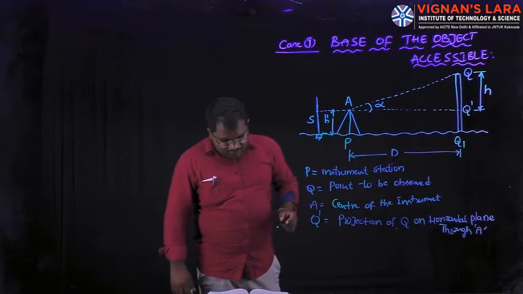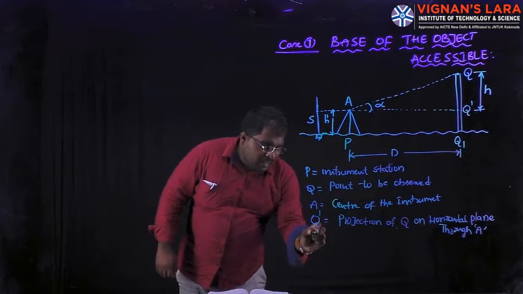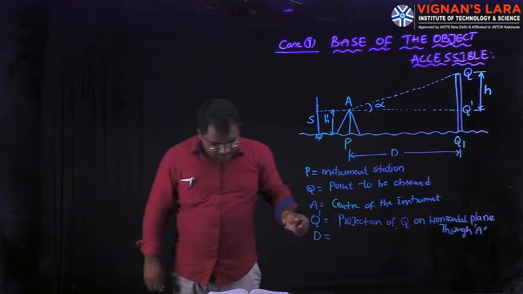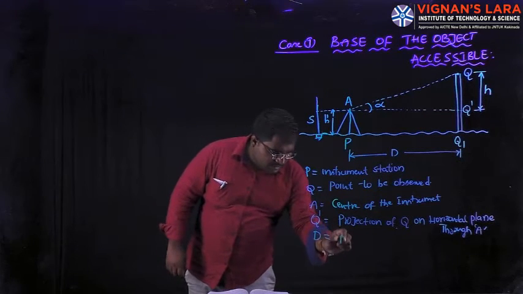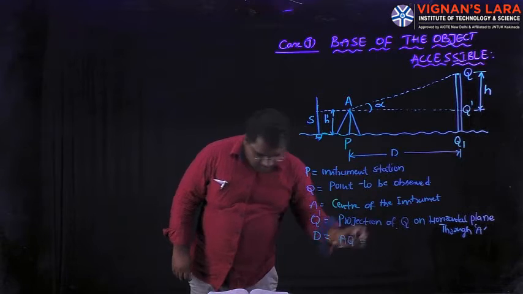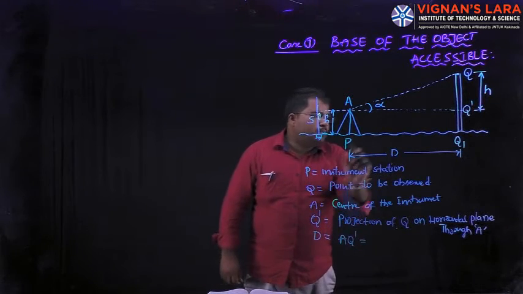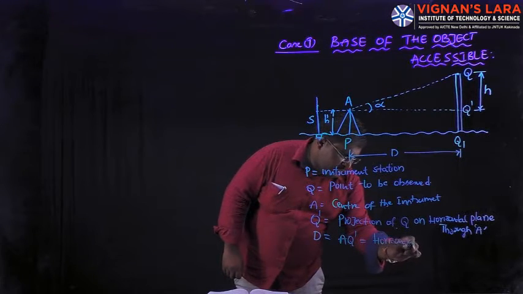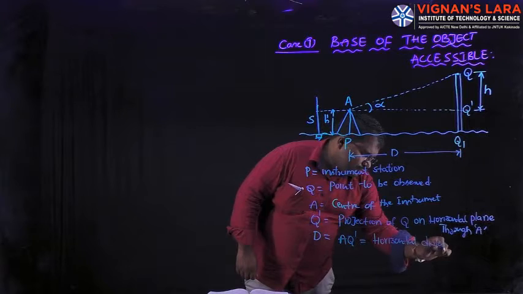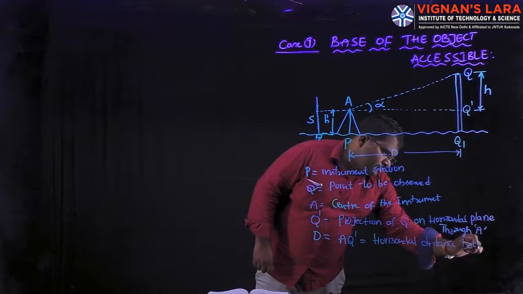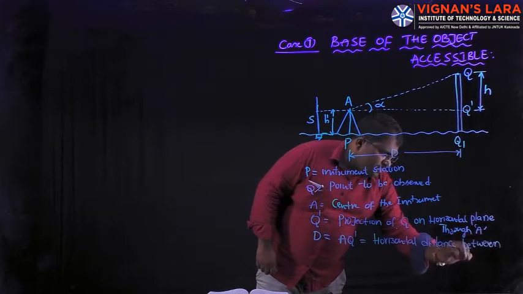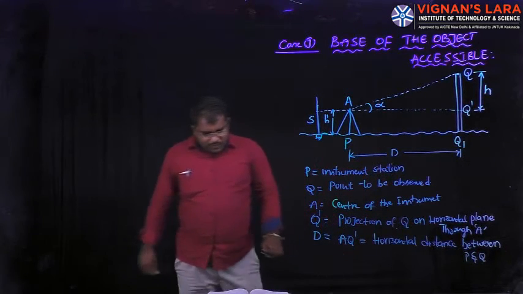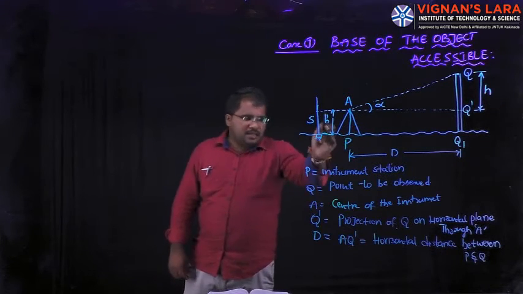So if you draw the horizontal plane through A, the projection of Q on this plane is Q dash. Next, capital D. Capital D is the distance from A to Q dash. This is the horizontal distance between P and Q. Next, H dash.